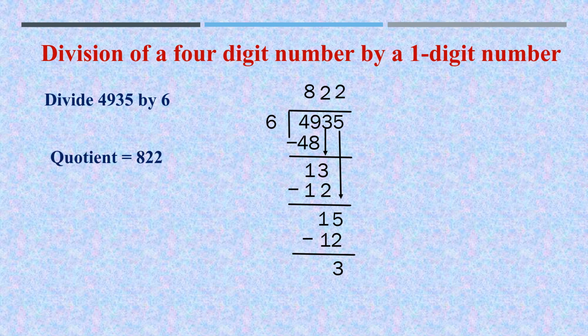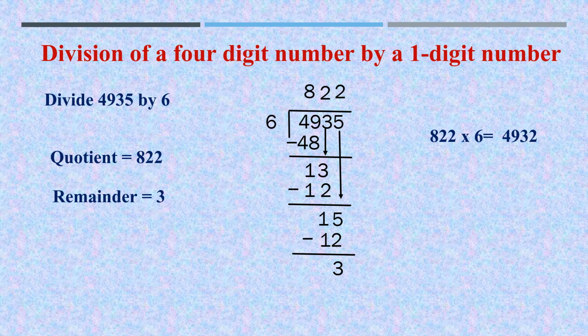822. Very good. So quotient is equal to 822 and the remainder is equal to 3. We can also check whether our answer is correct or not. For that we need to multiply the quotient and the divisor. That is 822 into 6 equal to, we get 4932.